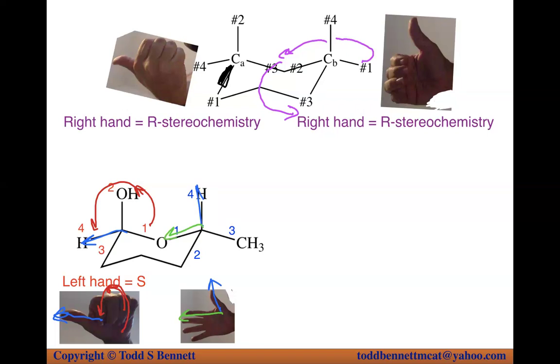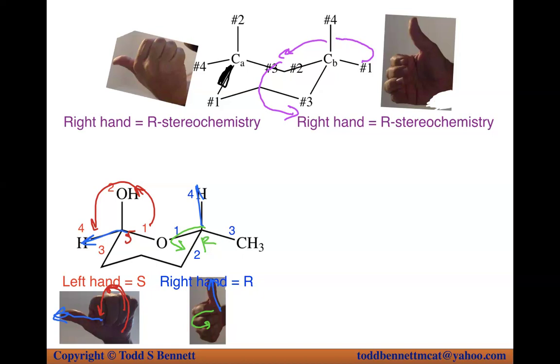When I curl, 2 is in front of me, so my fingers are curling out in front. So sure enough, it's following the right pattern. So it was, in fact, a right hand that matched. So this is an R center. So this would be S. This would be R.